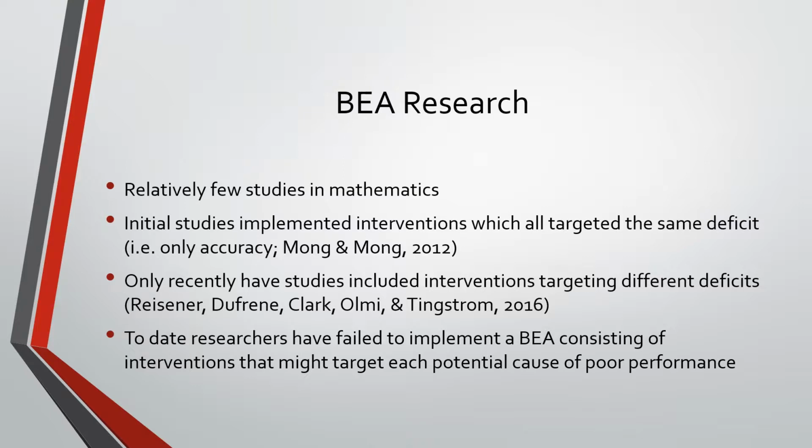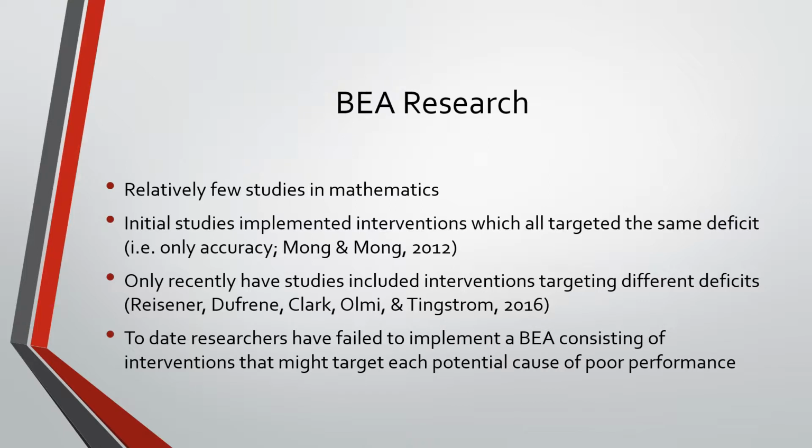However, relatively few studies with brief experimental analysis have been conducted in the area of math. Initial studies implemented interventions which all targeted the same deficit. For example, studies used math interventions that all targeted accuracy. It's only been recently that studies have included interventions that target different deficits.